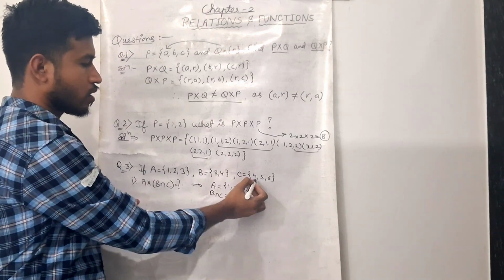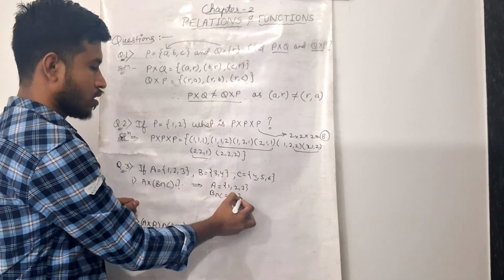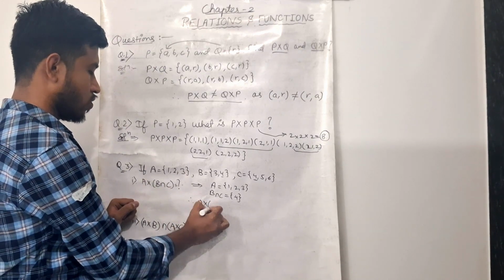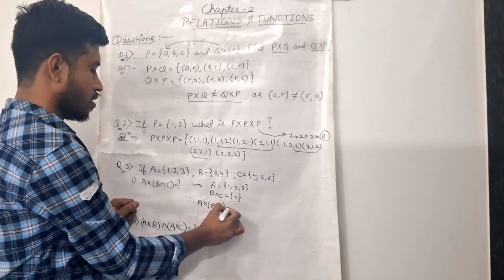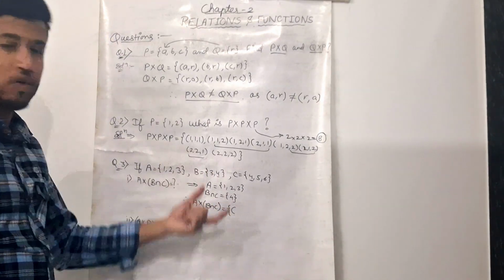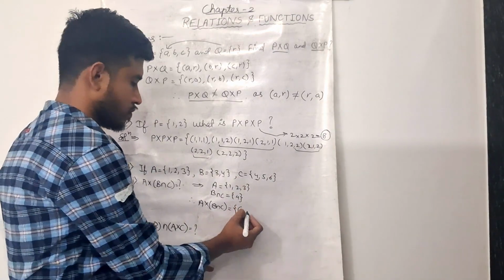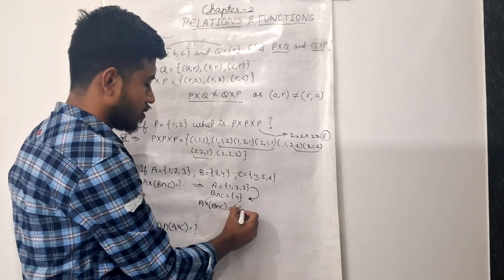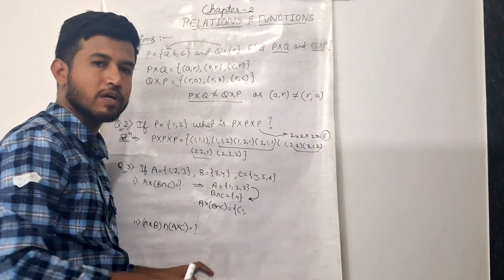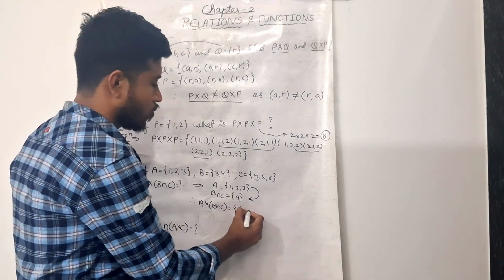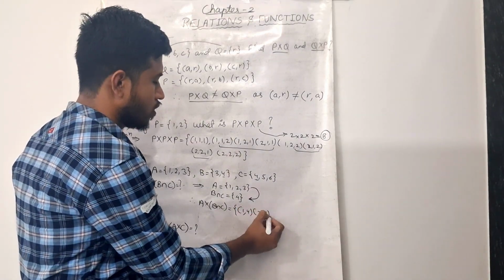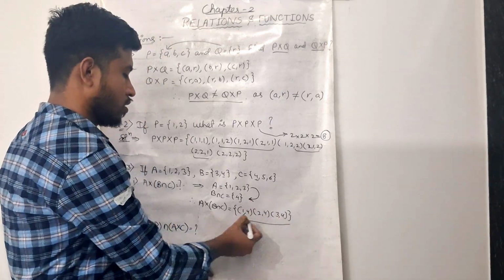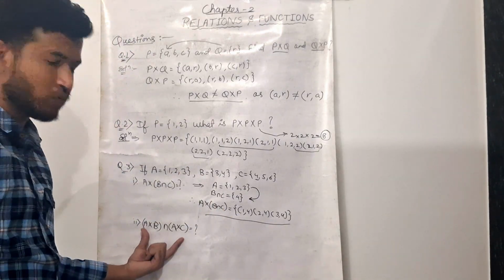The common element is 4. So what will A cross (B intersection C) be? What are the possible ordered pairs? The relation is defined from A to B intersection C, so the first element is of set A and the second element is of the intersection set: (1, 4), (2, 4), (3, 4). This is our solution. Now move on to the next.